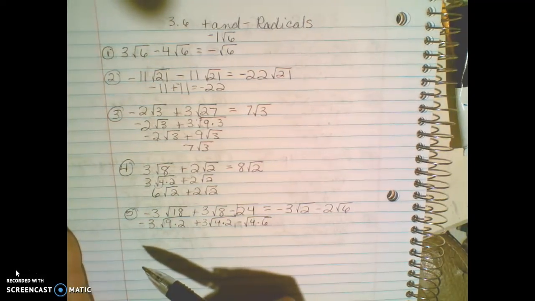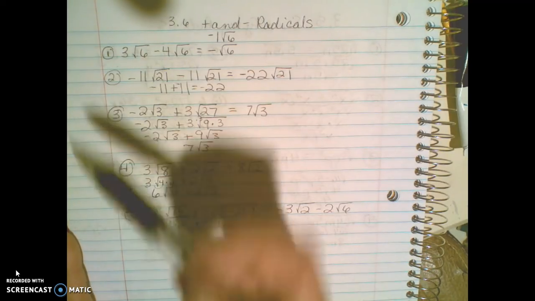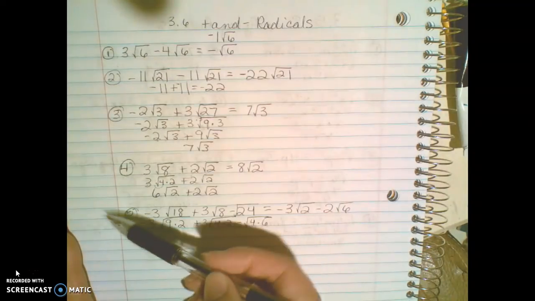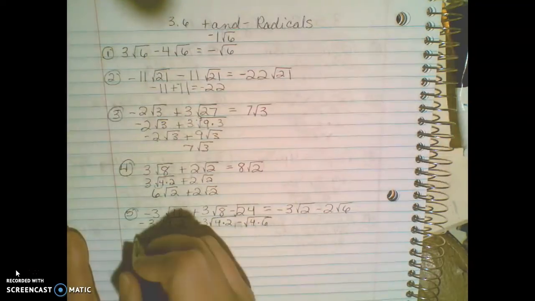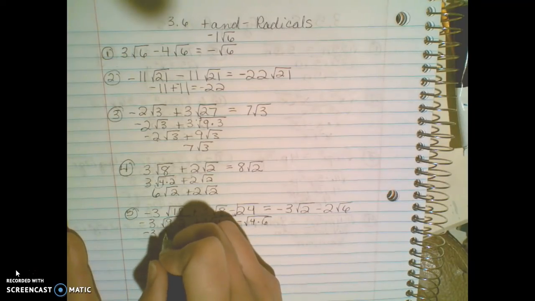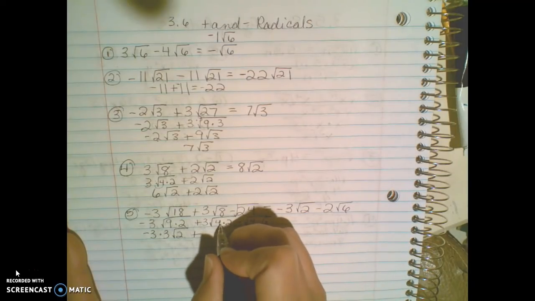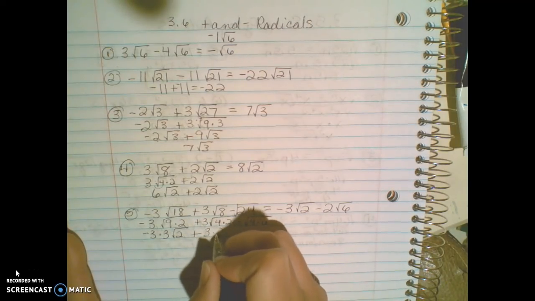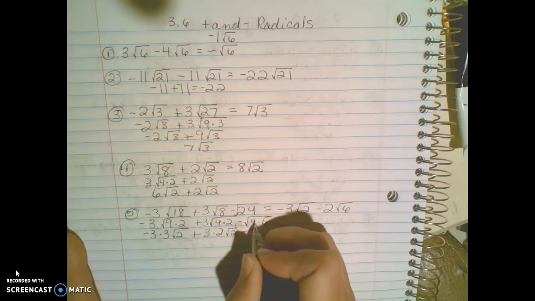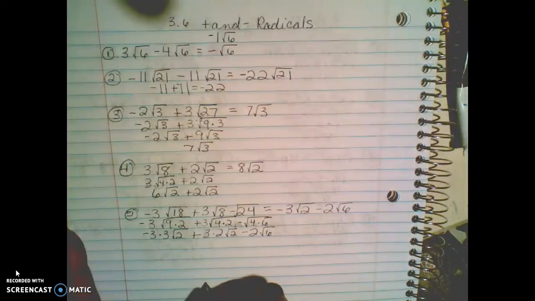So if you are not really familiar with the perfect squares, or if you're having a hard time going through them in your head, you can certainly write them down on the side of your page. So on this one, the square root of 9 is 3, and then square root of 2 is not a perfect square. Square root of 4 is 2, so we're doing 2. And then the square root of 4 is 2. Square root of 6 is not a perfect square.